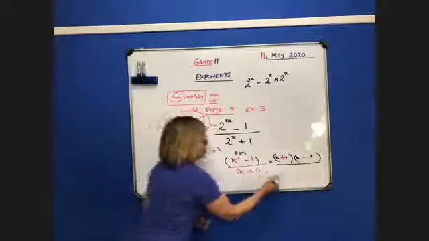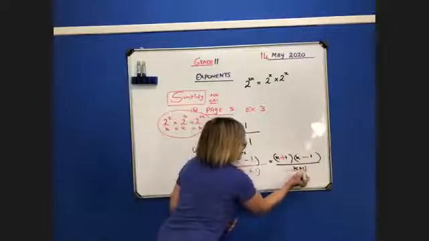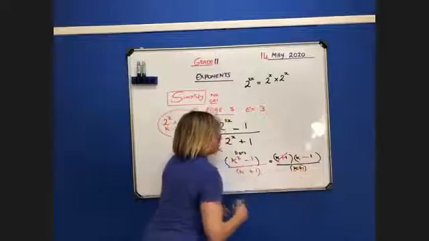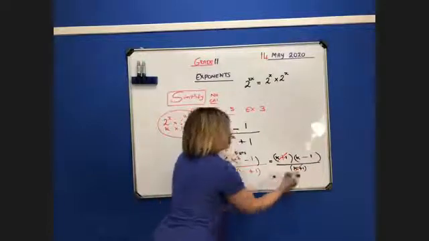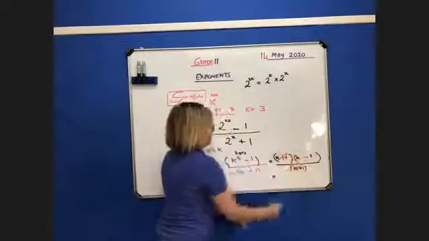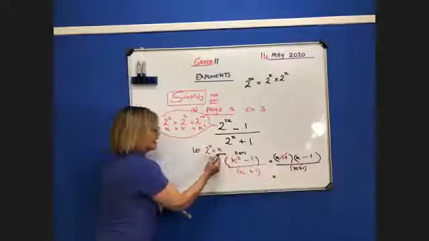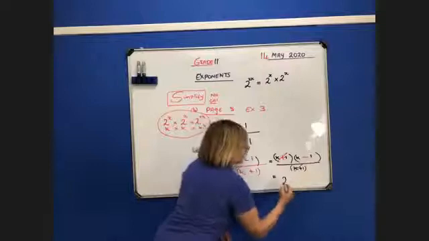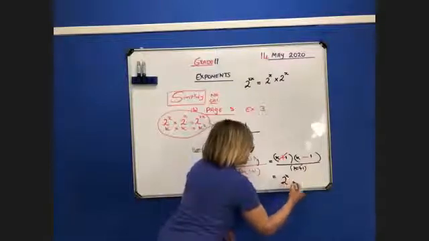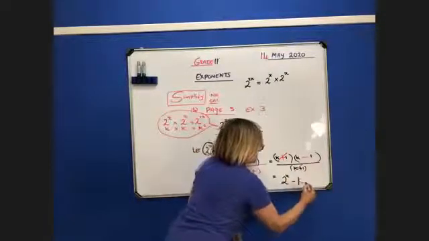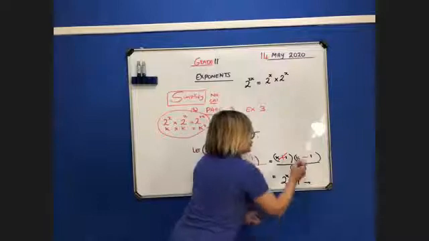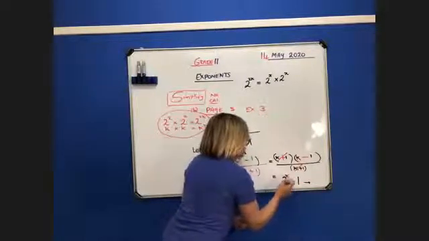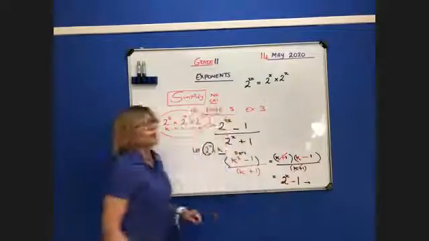In the denominator, you got your k plus 1, so that factor cancels out. Now your answer is not k minus 1 because k is 2 to the x. So your final answer will be 2 to the x minus 1. Where you've got this k, replace it with 2 to the single index of x.